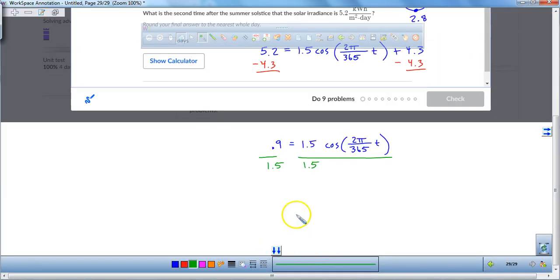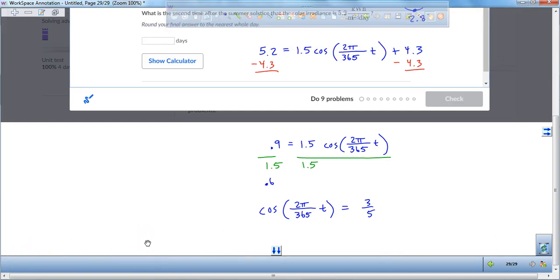So I'm going to say we have the cosine of 2 pi over 365 times t equals 3/5, because all this equals 0.6, which is 6/10, which reduces to 3/5. So that's the very first part of it.